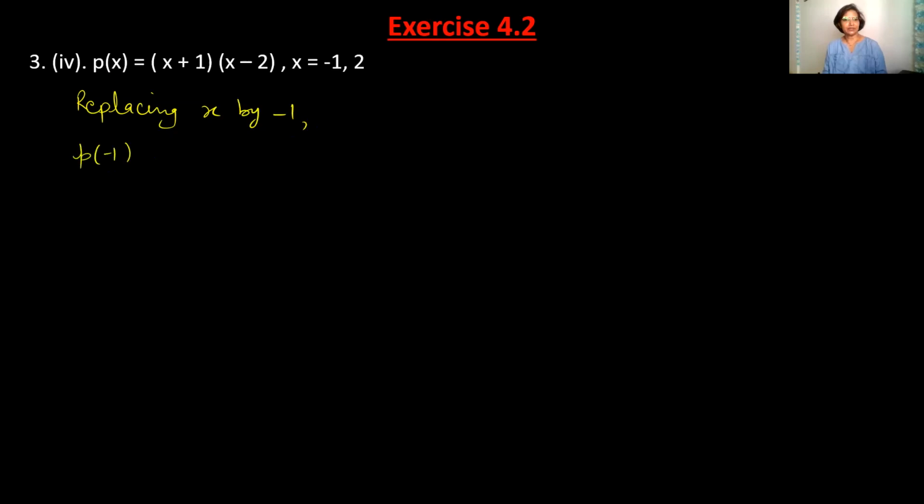So P(minus 1) equals minus 1 plus 1 into minus 1 minus 2. So minus 1 plus 1 becomes 0 and minus 1 minus 2 will become minus 3. Any number which is multiplied with 0 gives 0. So this will be 0.